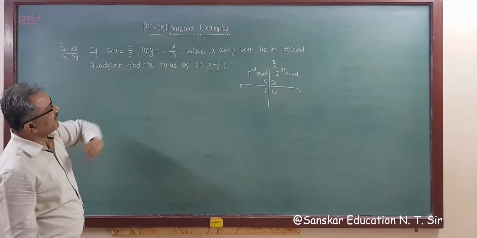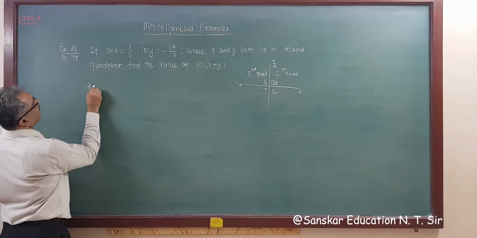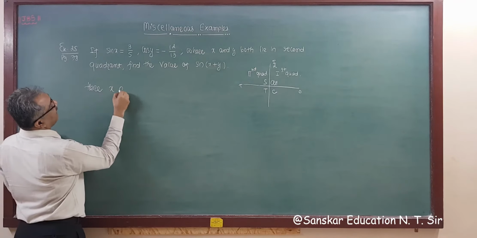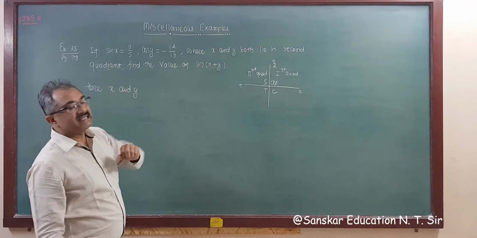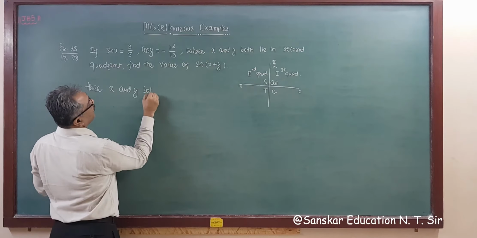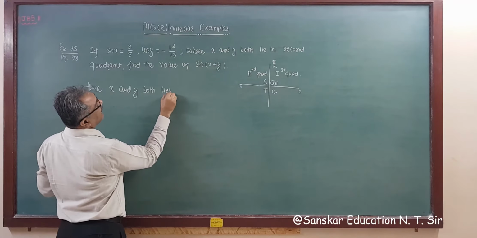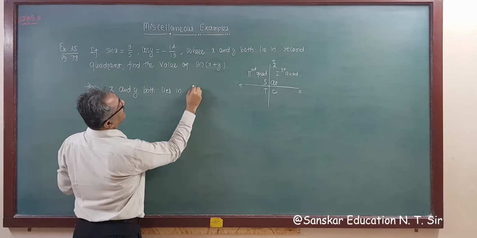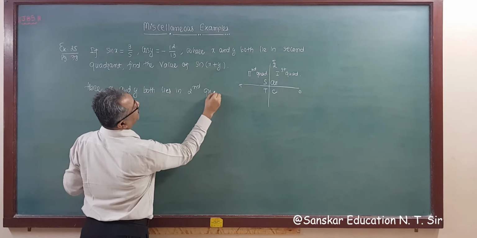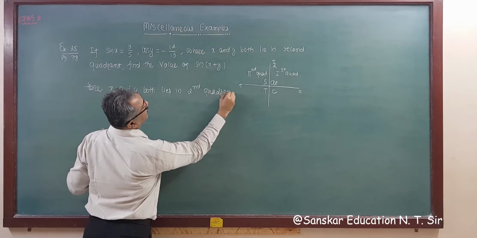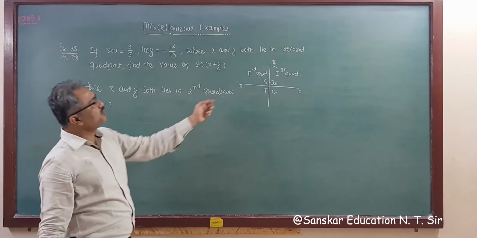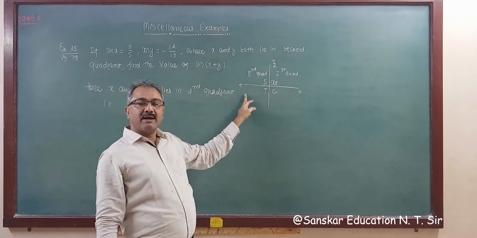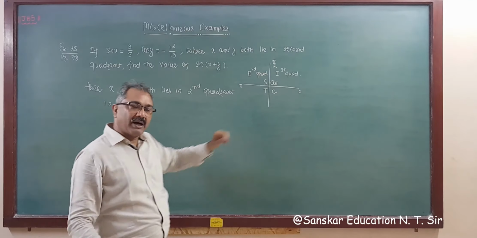So x and y both lie in the second quadrant, that is x belongs to pi by 2 to pi as well as y belongs to pi by 2 to pi.